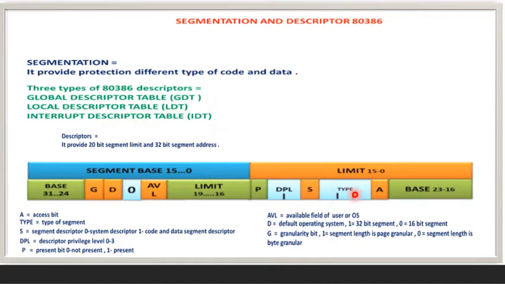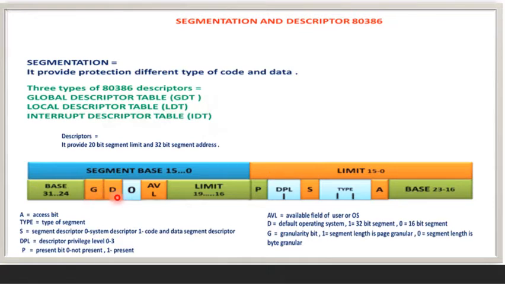Next, about type. This is nothing but the type of descriptor. A is the accessed bit, and G is the granularity bit. If G is equal to 1, then the segment length is page granular. If G is equal to 0, then the segment length is byte granular.